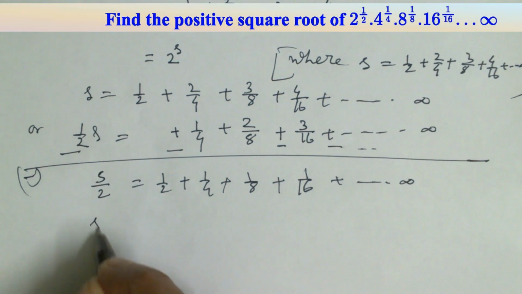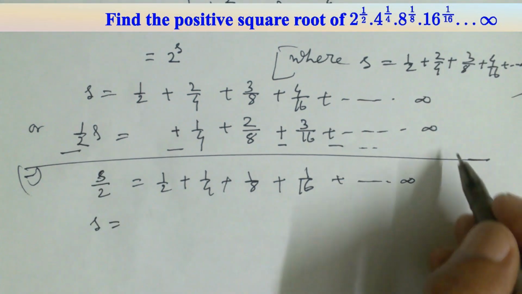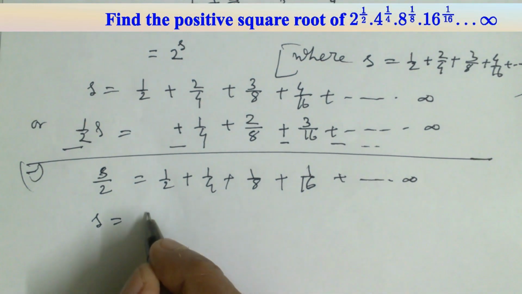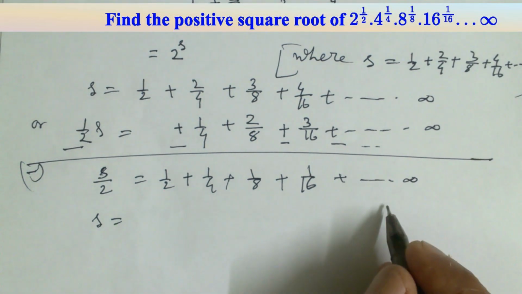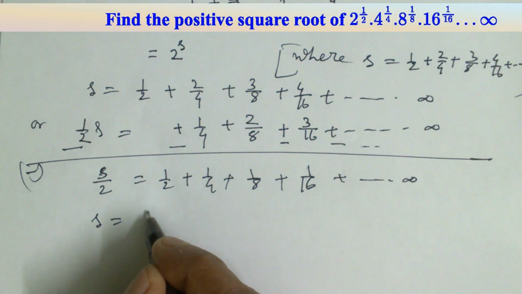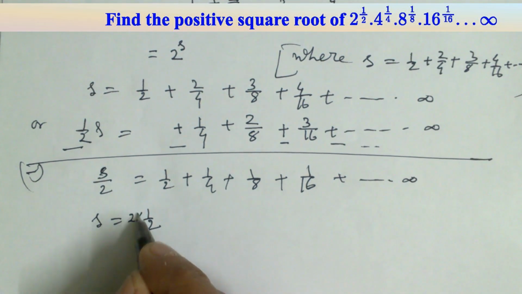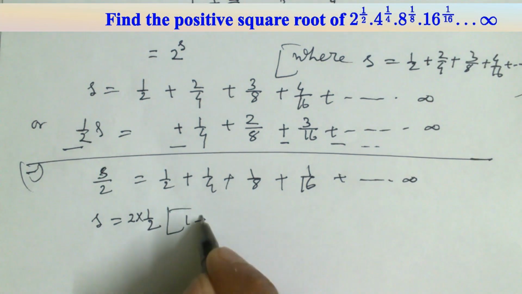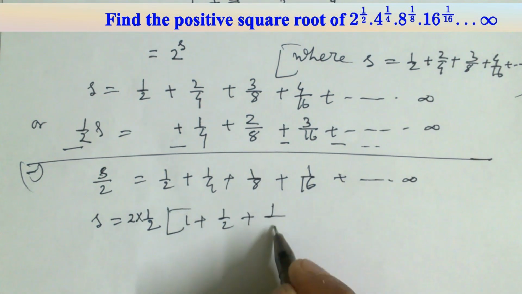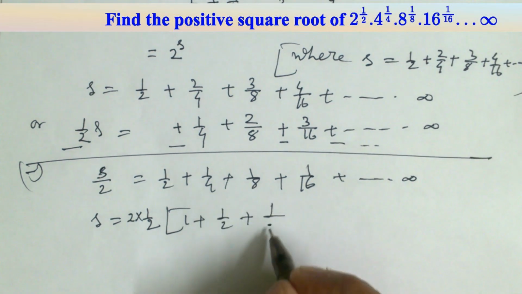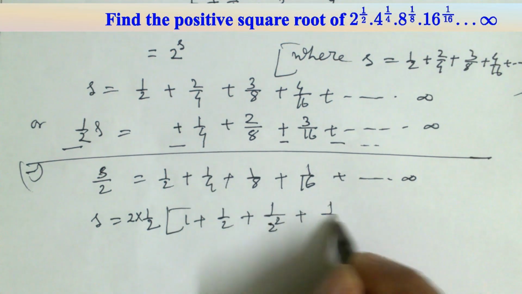So s is equal to, taking half common and the 2 coming to the right, within bracket 1 plus half plus 1 by 4, that means 1 by 2 square, plus 1 by 2 cube.